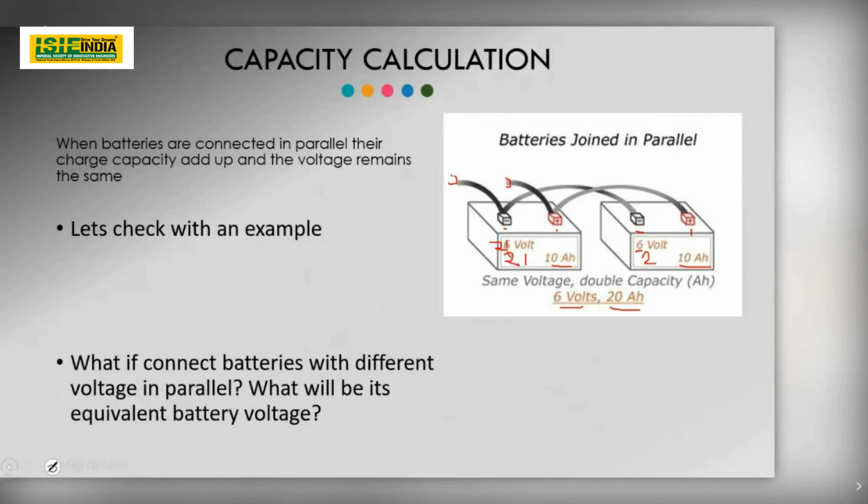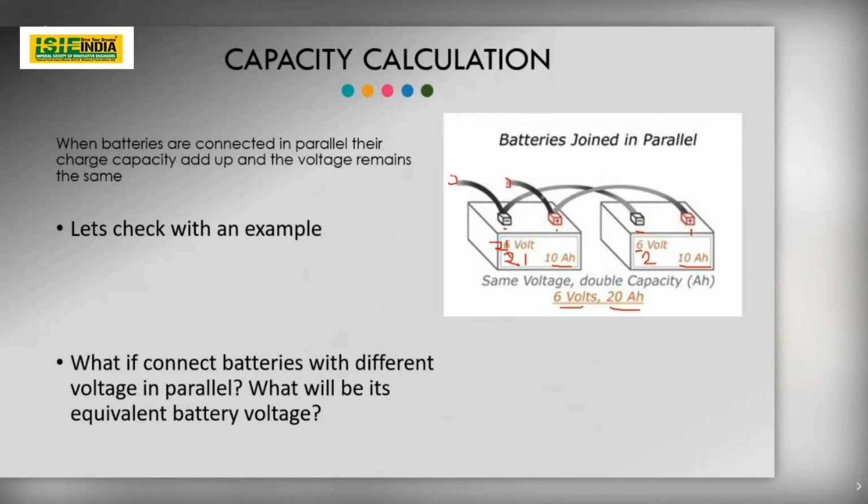Okay, so we all are engineers, and we know that charge always flows from higher potential to lower potential. So if we connect batteries with two different voltages in parallel, it will be a short circuit. Charge will flow from battery 2, which is at higher potential, to battery 1, which is at lower potential.